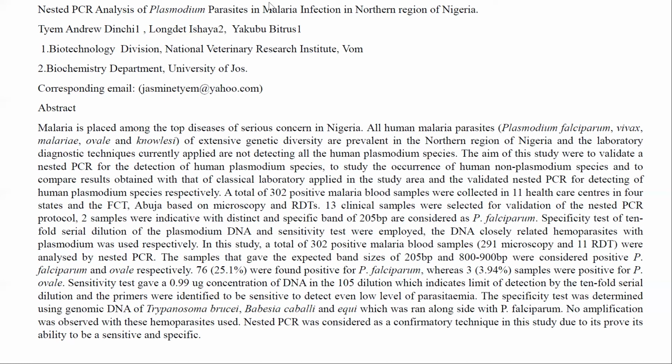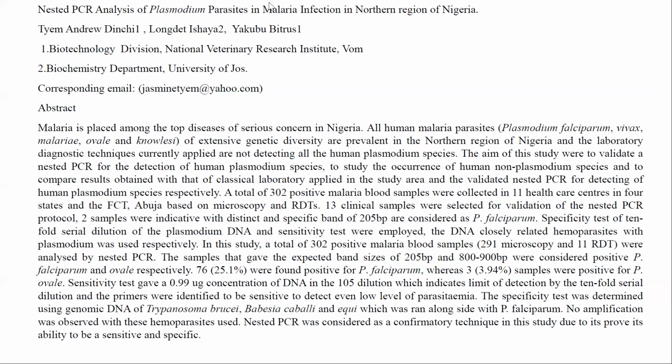We went further also to run sensitivity and specificity tests on some of the samples we had. In this study, out of the 302 positive samples we collected, 291 were based on microscopy results, and only 11 were RDT positive. And then we analyzed these samples by the nested PCR.